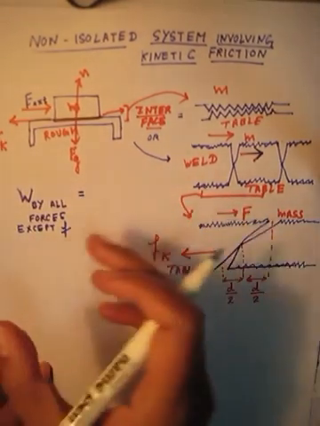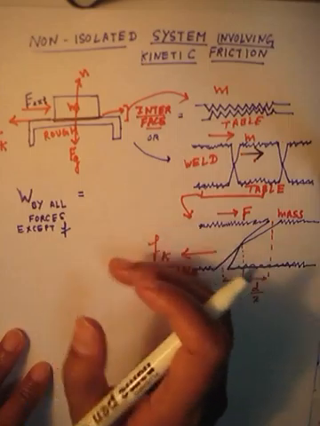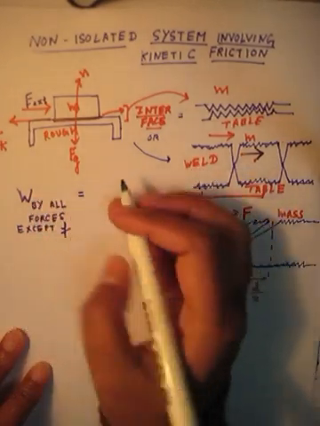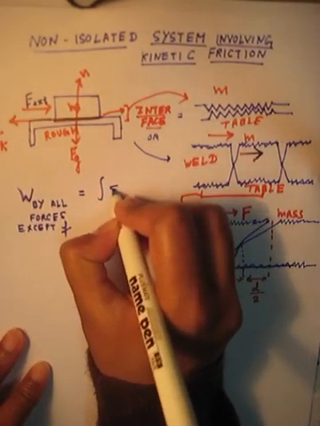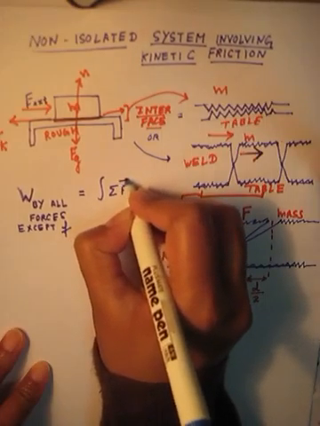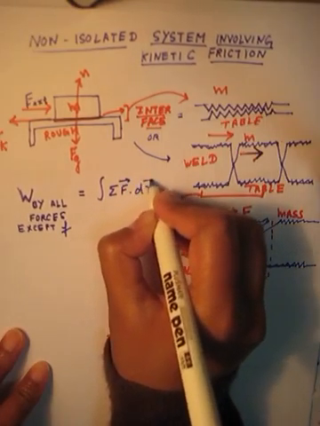Let's start from the basic definition of work done. Work done is force into displacement, and it is also written as total force dot displacement vector.